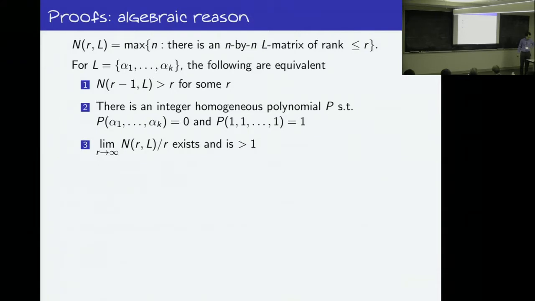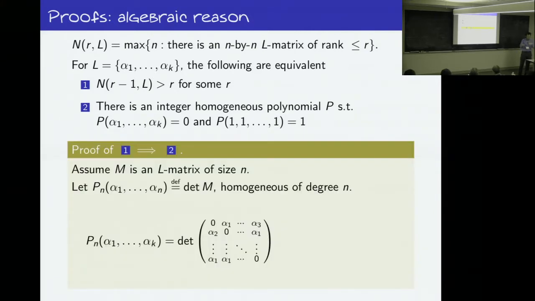What I'll do is think about my matrix. Its entries are these alphas, and I'll think of these alphas as variables. So now I have a symbolic matrix, and I will look at its determinant. This determinant will be a polynomial in those alphas. But of course, when I plug in the actual values for these alphas, this polynomial must vanish, because this is a singular matrix.